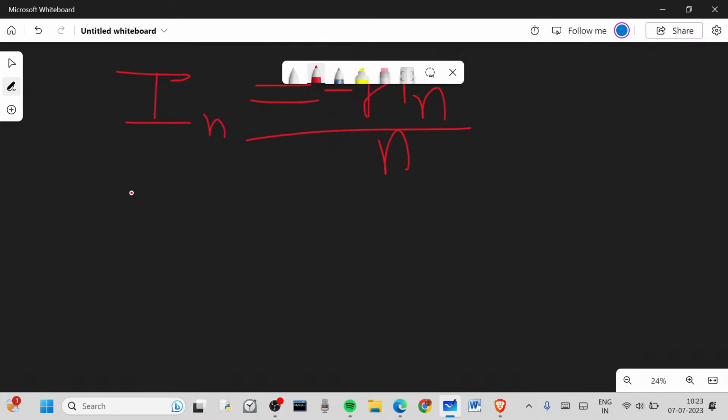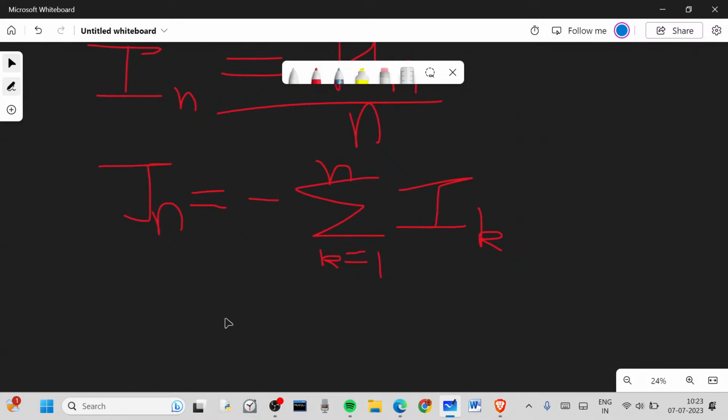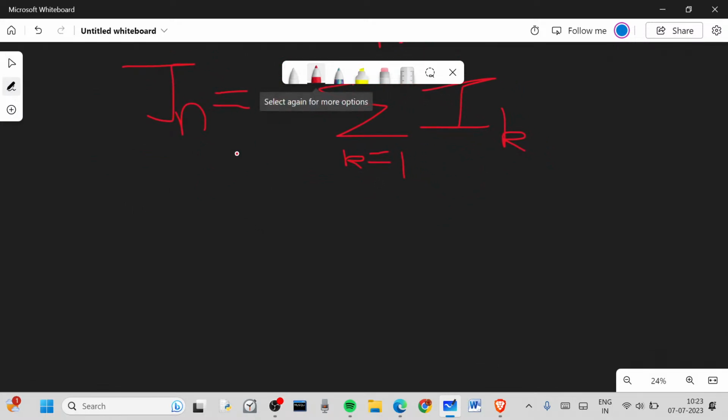And now as we can see, as they have said, we have to prove that Jn is minus sigma k is 1 to n Ik. I am thinking that why not, instead of going straight from writing integral, just prove it simply?